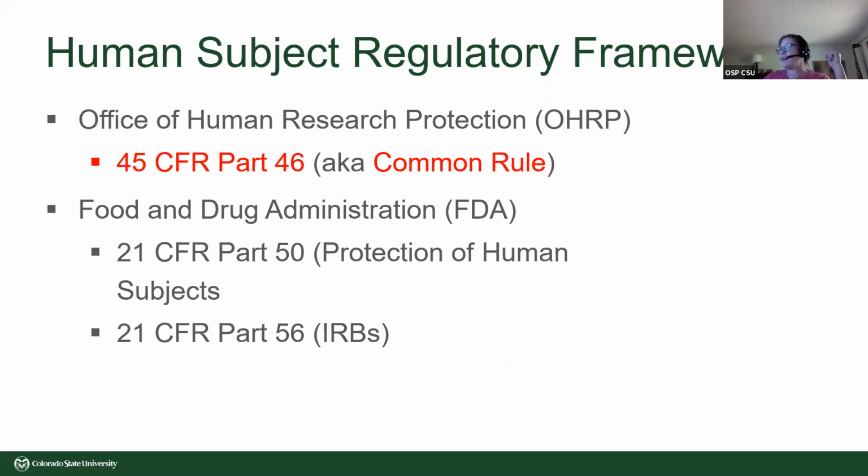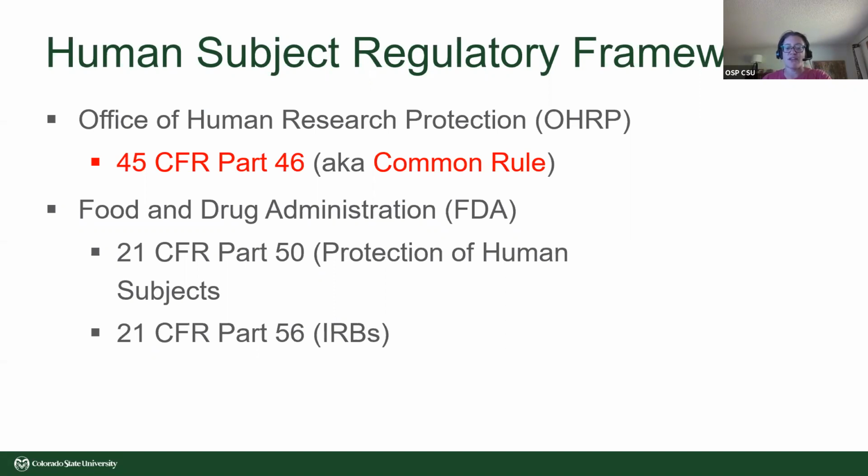So OHRP is typically concerned with the protection of human subjects in biomedical research and biomedicine, where the Food and Drug Administration is primarily concerned with clinical trials. So OHRP is really a leader in the protection of human rights and human welfare and well-being of human subjects, again with that research that's conducted by DHHS agencies.